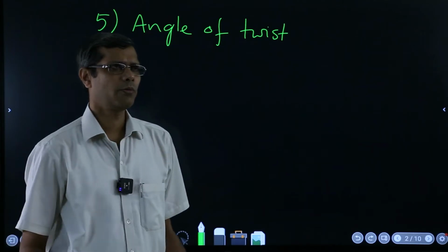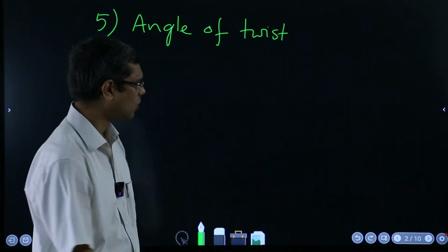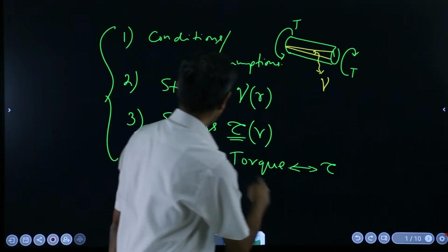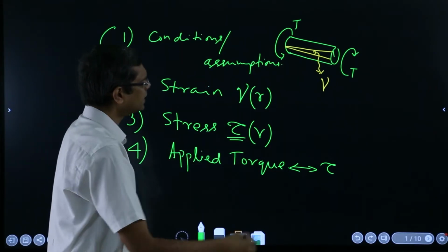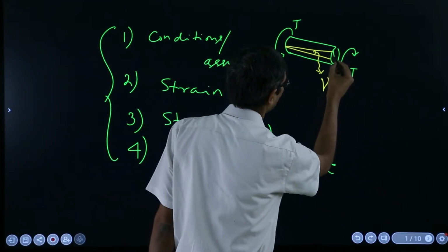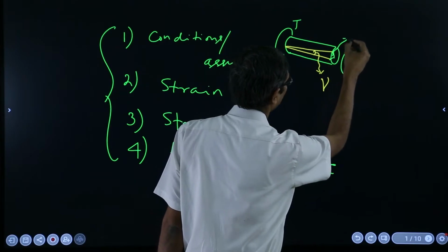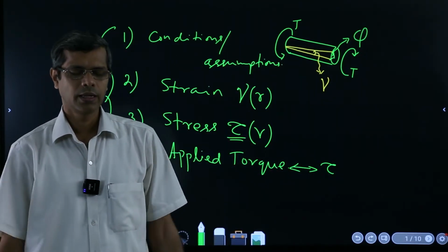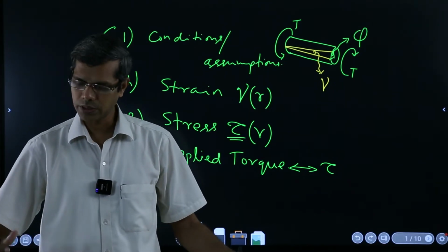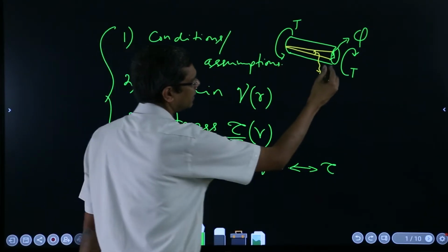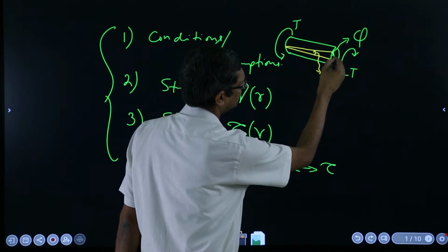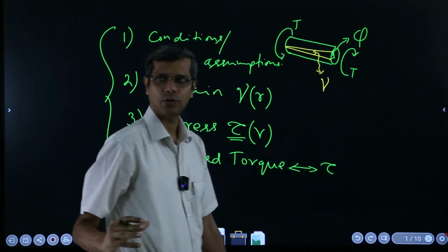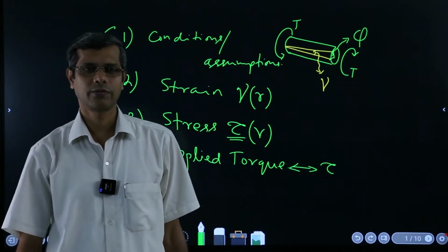This angle phi, the maximum angle through which the shaft rotated, we will call the angle of twist.